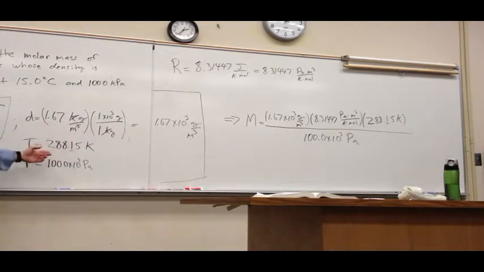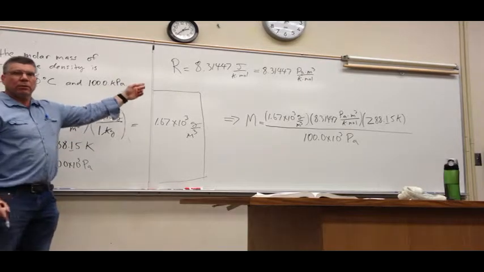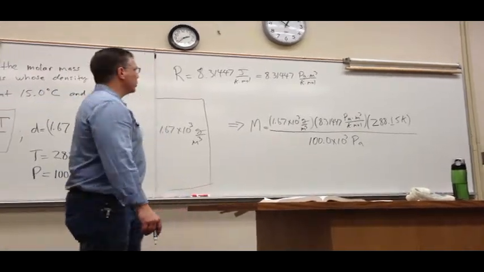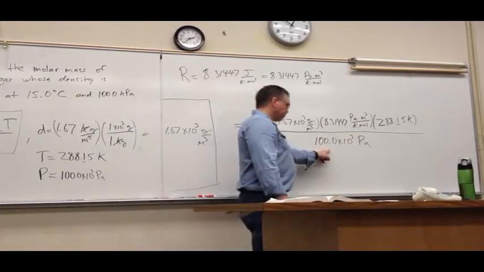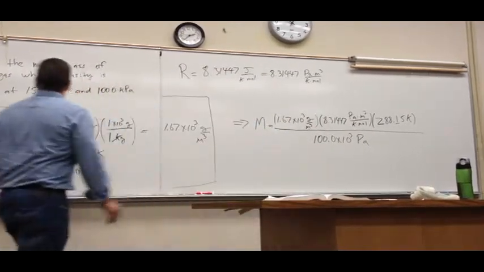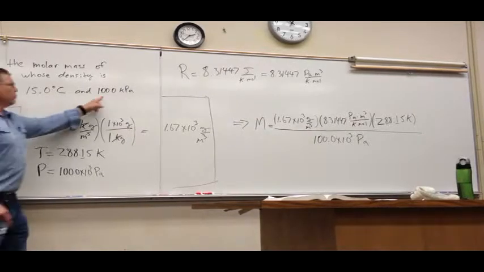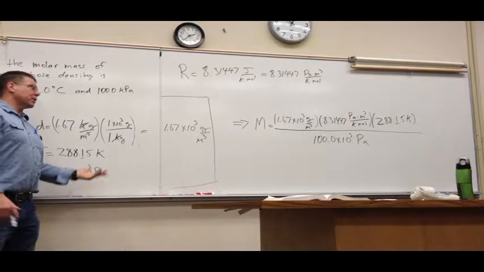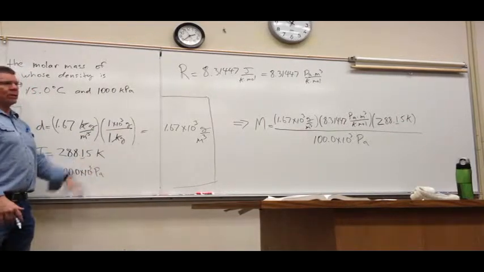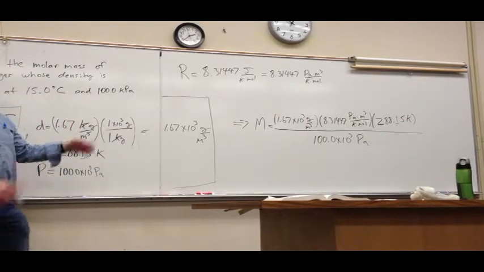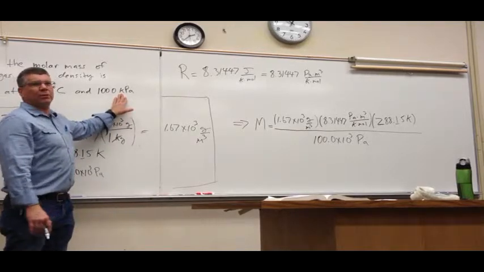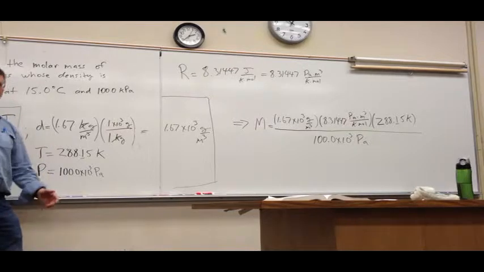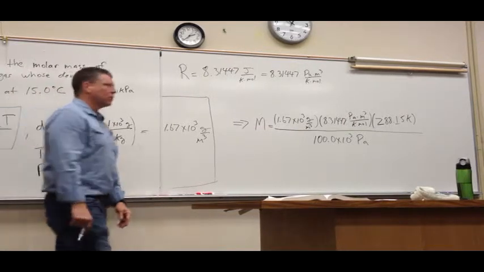Density, temperature, pressure, R. Then you have the times 10 to the third on the bottom, because the pressure that I gave was 100 kilopascals. 100 means times 10 to the third. I could have done 1 times 10 to the fifth, but all I do is take the prefix and replace it with what it means. That way I don't make any mistakes, like having the wrong decimal place.